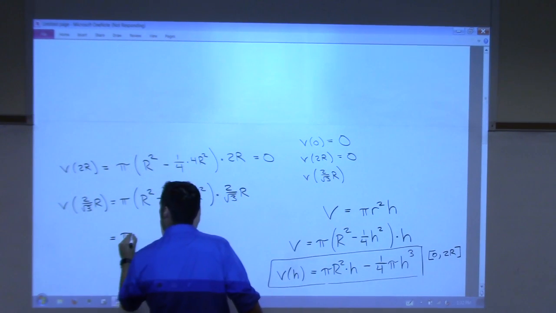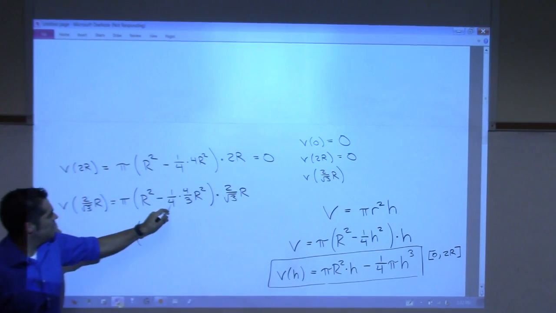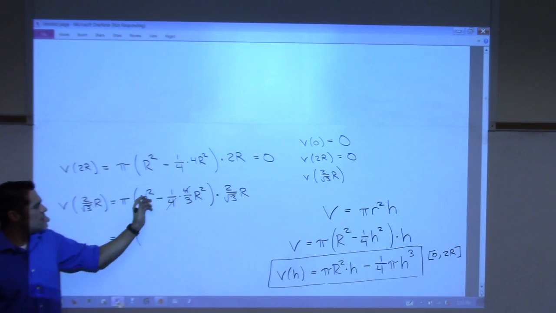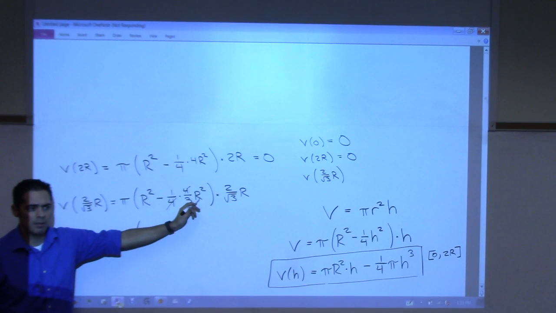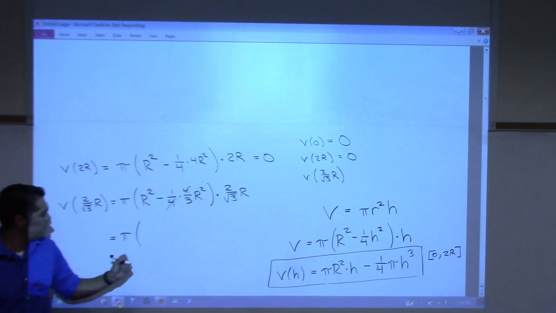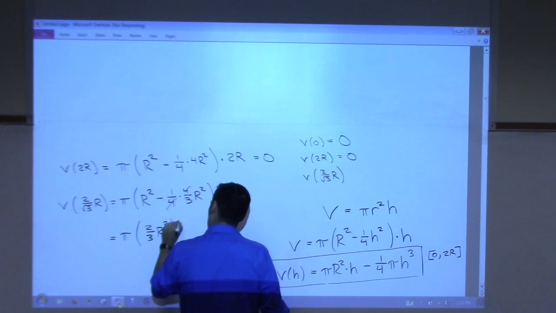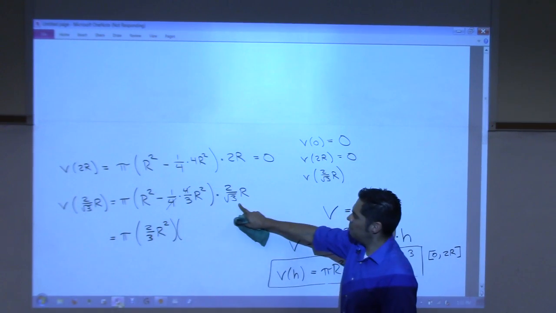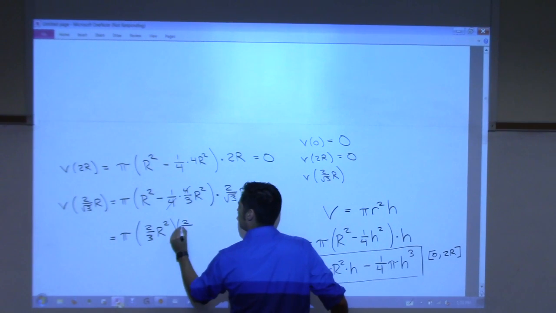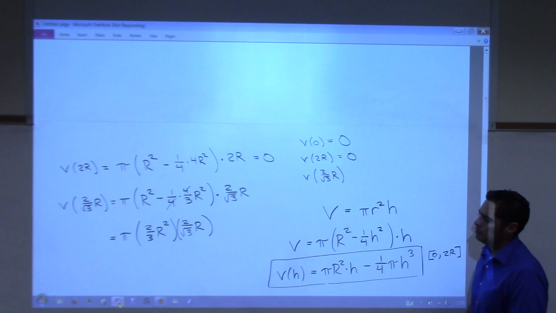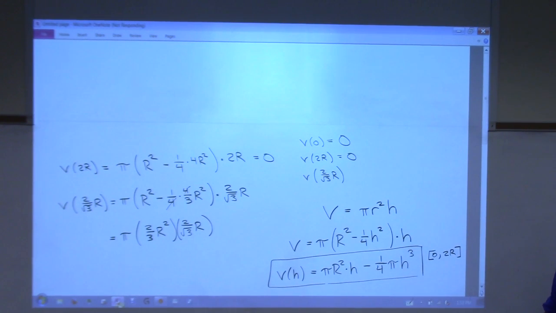So we have pi. Let's see, what is this in here? This is R squared minus 1/3 R squared. 2/3 R squared? And then this out here, 2 over root 3 capital R. Did I lose y'all?